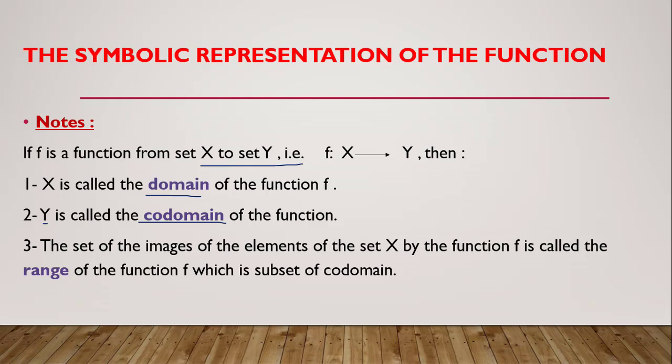Okay, the set of the images of the elements of x by this function is called the range. So what is the range? It is the set of images of the elements of x by using the function f. Okay, and as we said before, the range is a subset of the codomain.